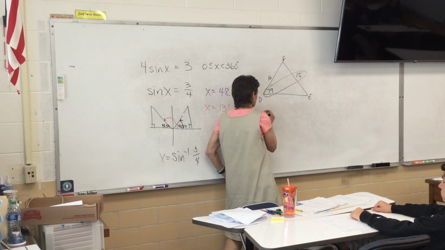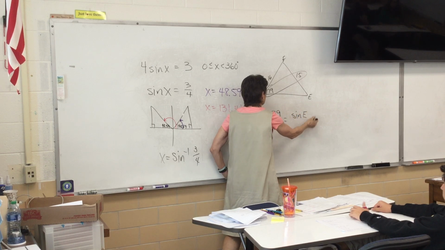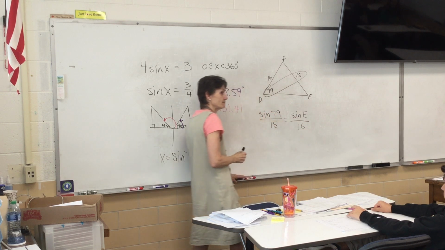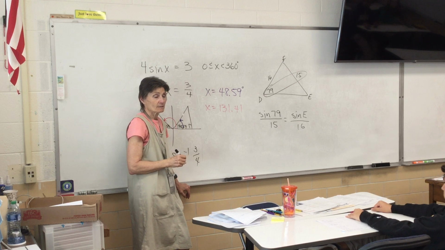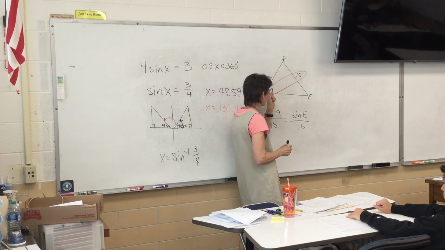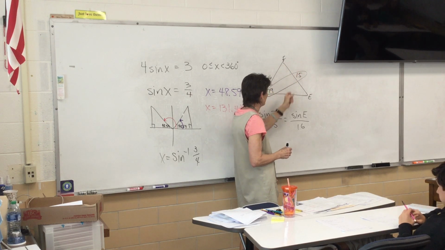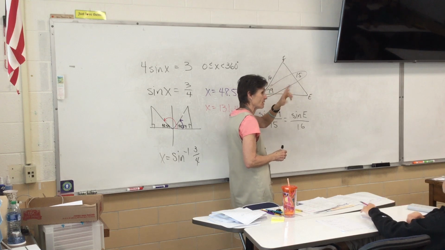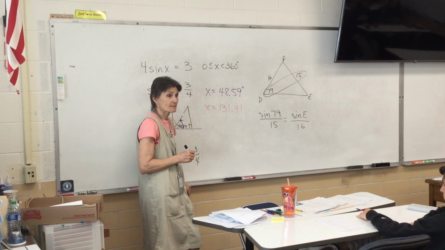So sine 79 over 15 equals sine E over 16. That's called the law of sines. Whenever you see this, you have that angle and that side, or this angle and this side, whenever you have that pair, you're gonna do the law of sines.